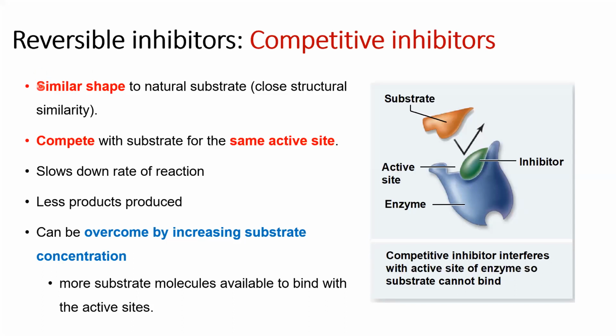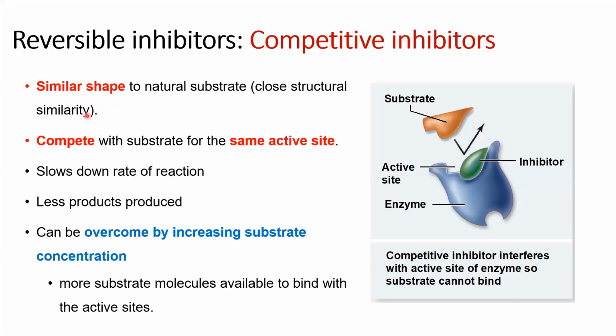The keyword here is similar, lebih kurang sama. That's why inhibitors can bind to the active site. So do not say that substrate and inhibitor have the same shape, that is not correct. They have a similar shape, or they mimic each other. The inhibitor mimics the substrate.